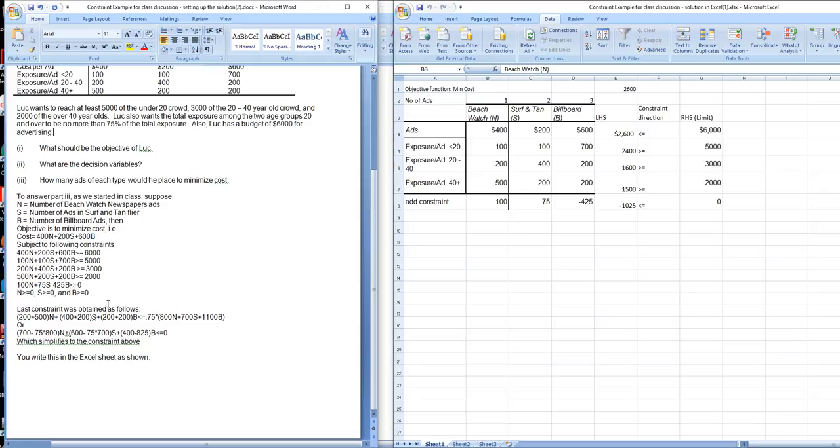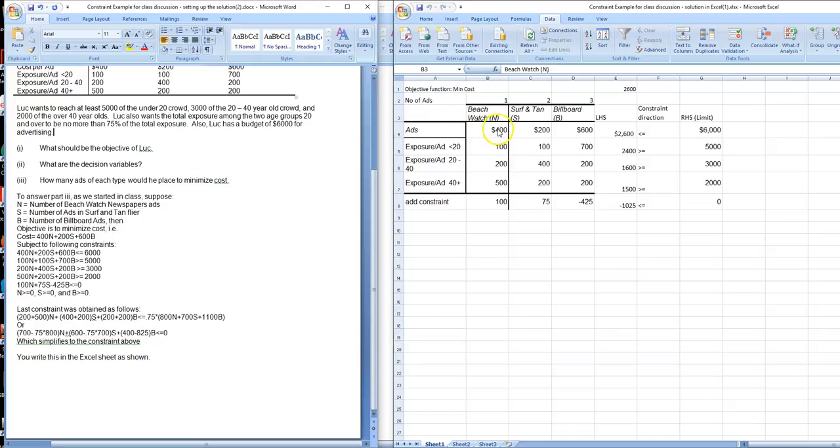So to solve it, how would we write in Excel? Now in Excel you obviously cannot write N, S and B. So for that we have to write some number. So we say number of ads, we just randomly pick a number, 1 for newspaper ads, 2 for Surf and Tan, and 3 for the billboard ads.